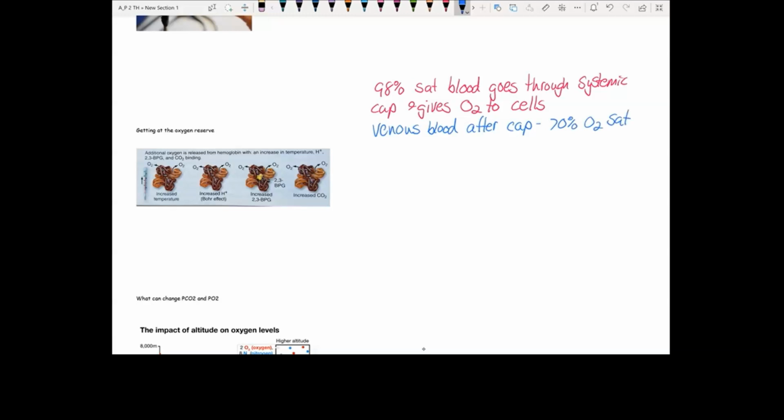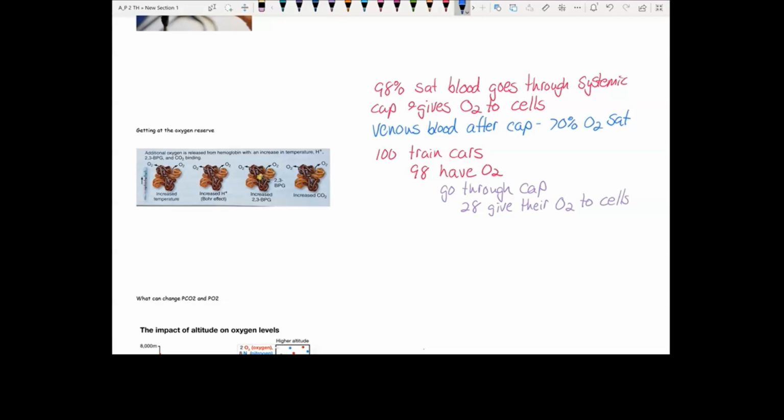So that means that you have 100 train cars, 98 of them have oxygen. You go through the capillary, and as you do, you'll say that 28 give their oxygen to a cell.